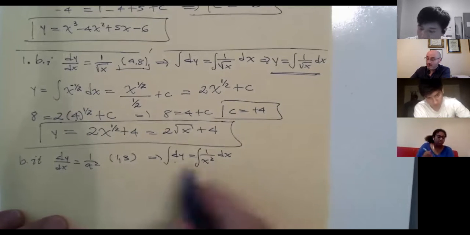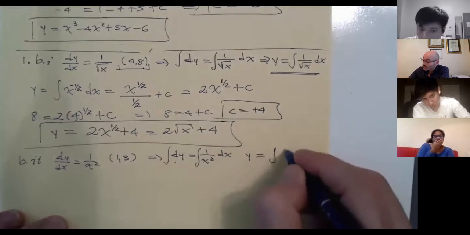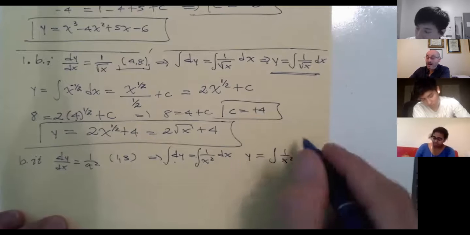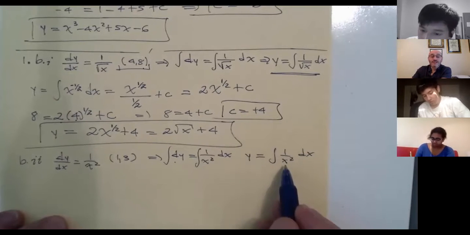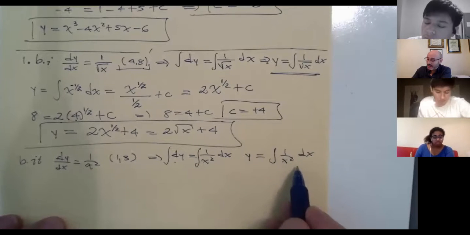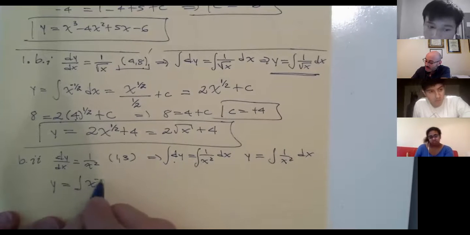The antiderivative of dy is y. And then we're going to do this one, 1 over x squared dx, right? So let's think of this as x to a power. So y equals the integral of x to the negative 2 dx.